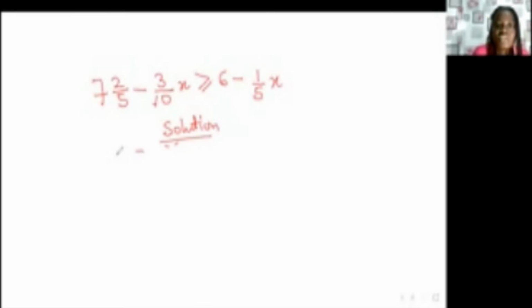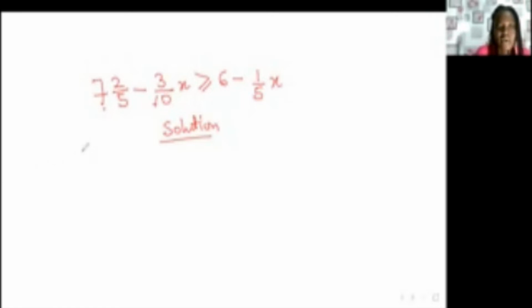From our question, we can solve it also without changing the mixed fraction here into improper fraction. So we have to convert the mixed fraction into improper fraction. So this one will give us 5 times 7 gives us 35 plus 2, 37.